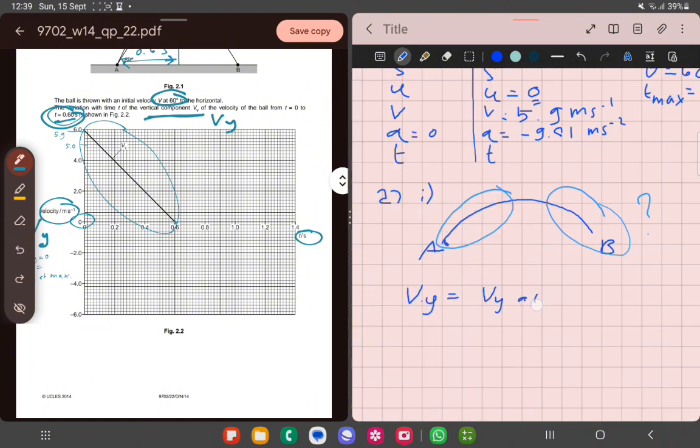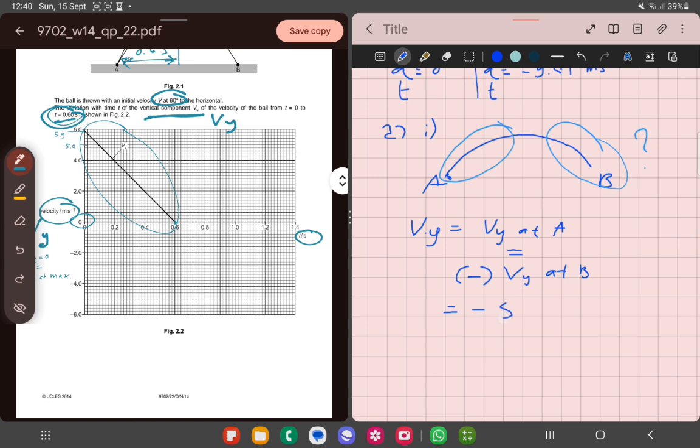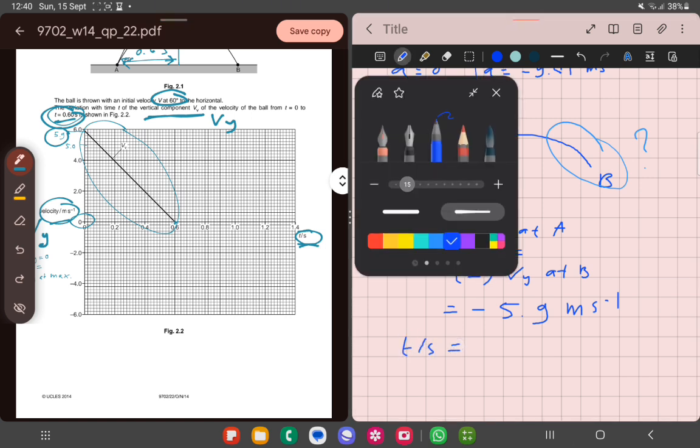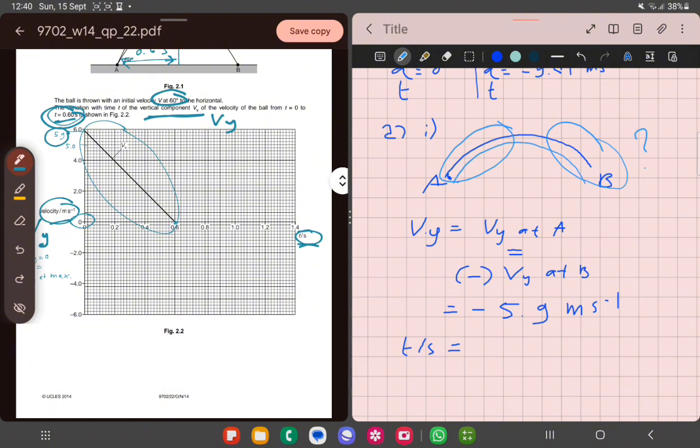So let's find the final coordinates. First of all, the y coordinate, which is the velocity in the y direction. As this is when the ball has almost reached the ground, the final velocity equals the negative of the initial velocity in the y direction, which means it is negative 5.9. Next, we need to find the x-coordinate, which is the time.